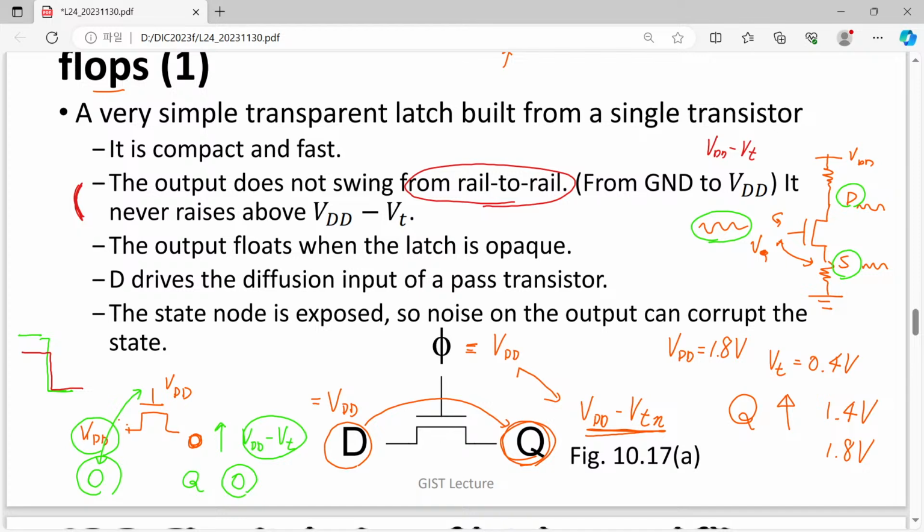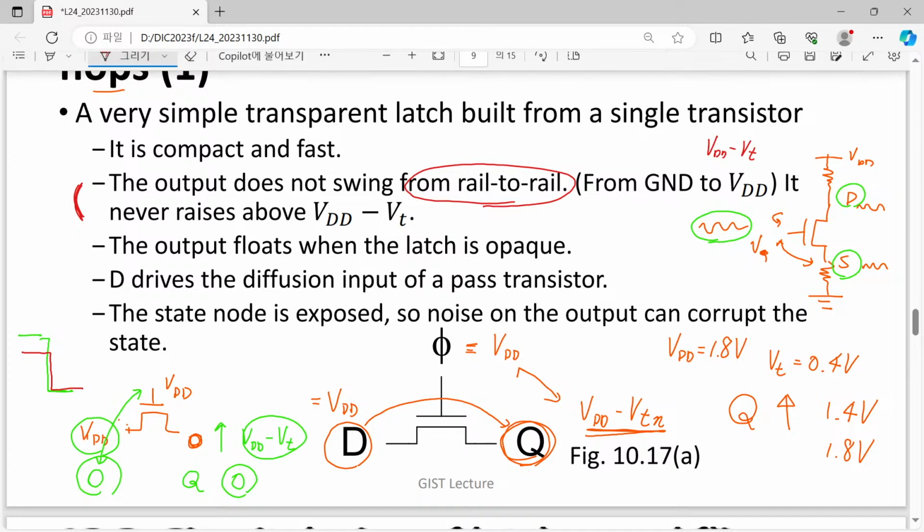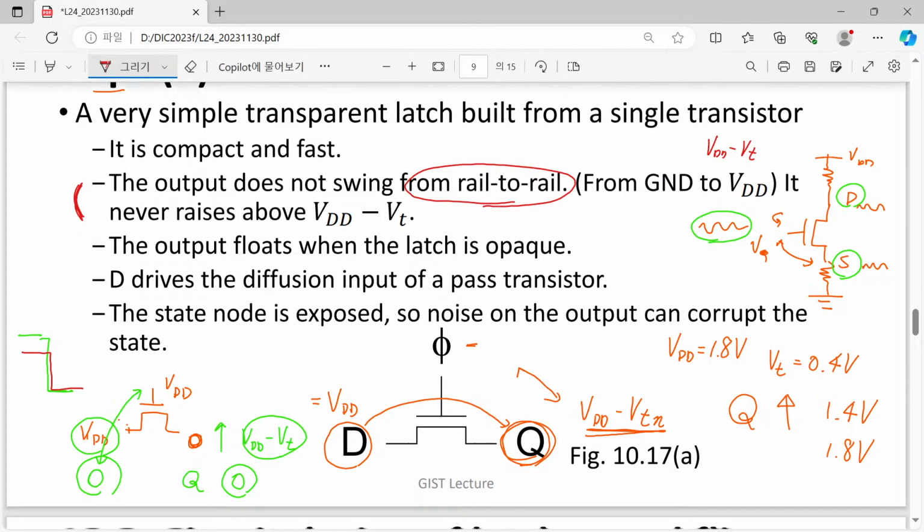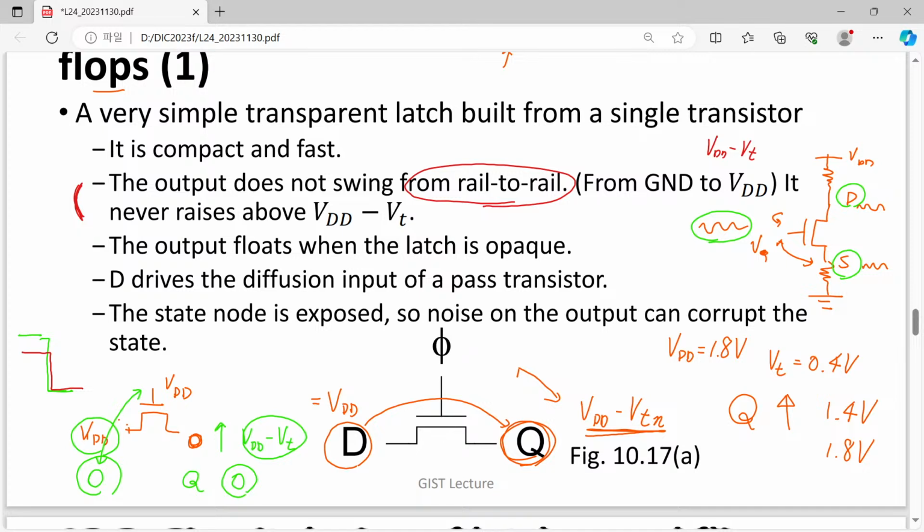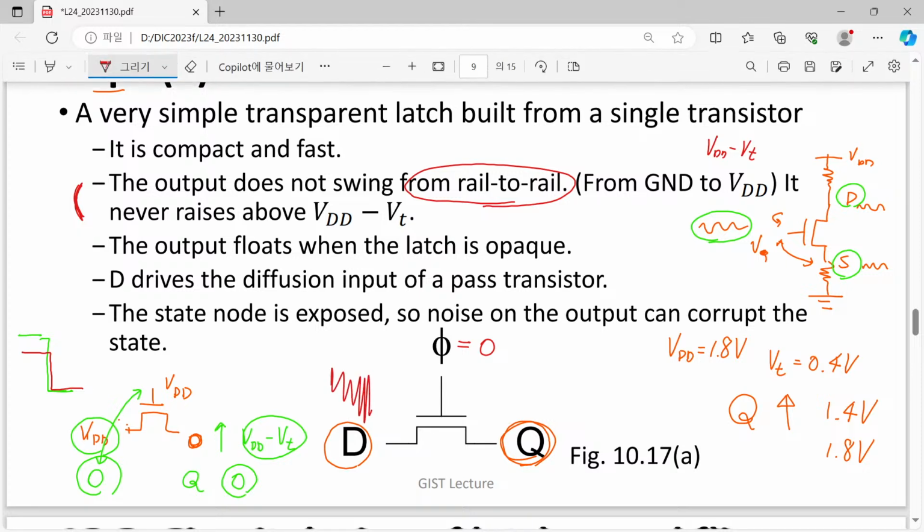And another one is, if we set the clock signal equal to 0, then it is good to have a disconnection between the D node and Q node. Now the change of the D node does not introduce any change in its Q node.